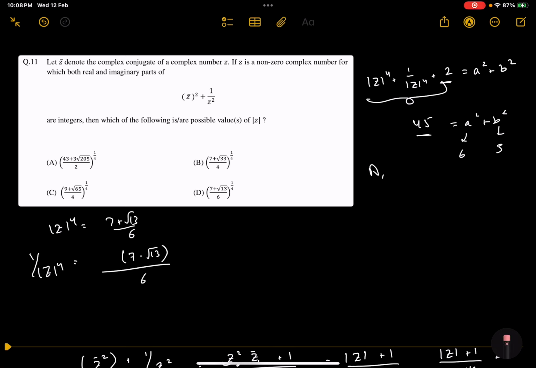So this, adding them, we'll get 14 by 6, which is 7 by 3. And again adding 2 to this will be 13 by 3. It is not possible. So the answer is A.